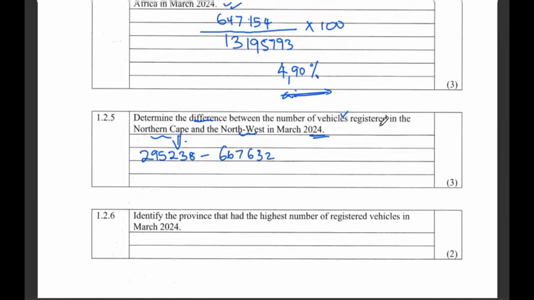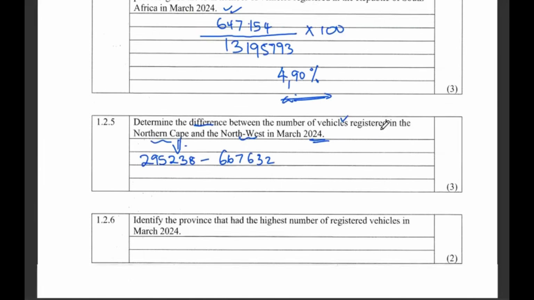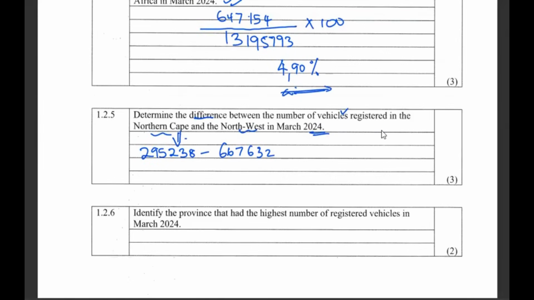Now, in this scenario, we can see that Northern Cape is a smaller number, and this is a bigger number. We can always switch them around so that it favors our interest. So 667,632 minus the 295,238.